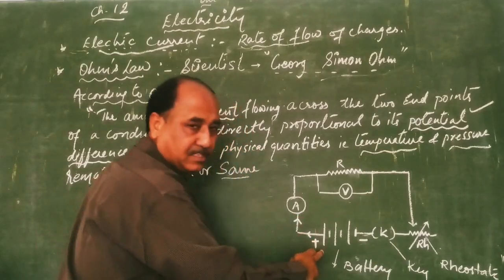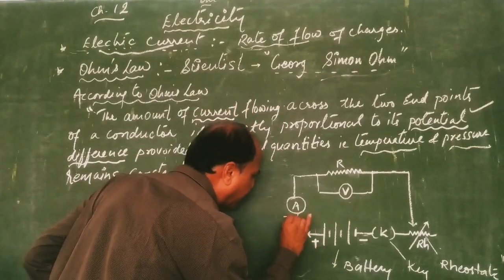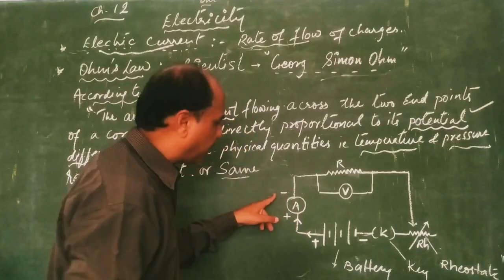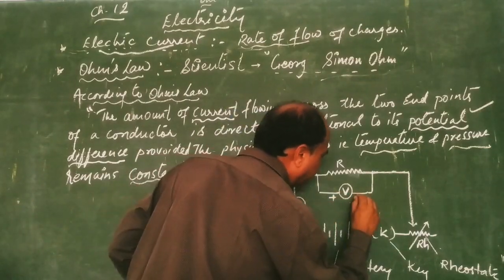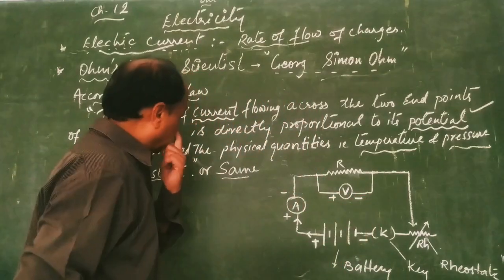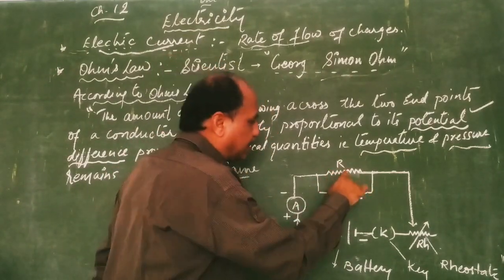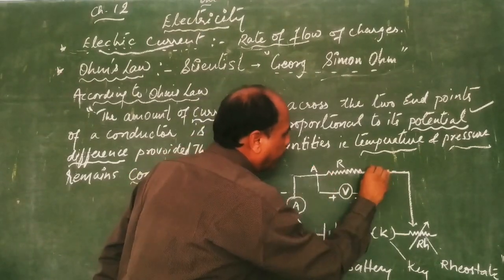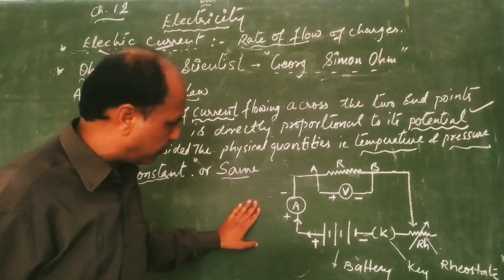The positive terminal of this battery will be connected to the positive terminal of the ammeter, and the other end is negative. Here in the voltmeter also, this is positive and this is negative. And a resistor is taken across point A and point B. So this is a small circuit diagram.